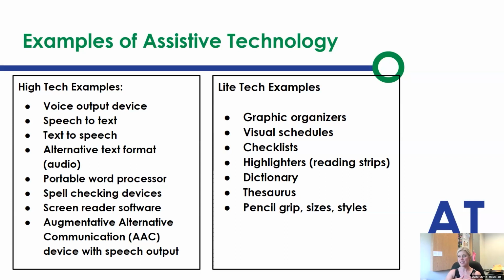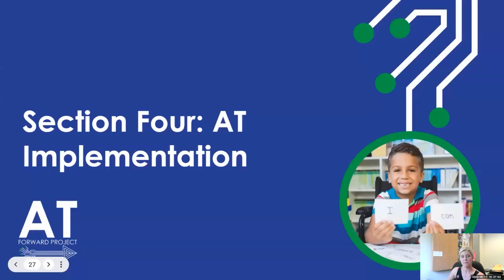And then our high tech, right? Something that has dynamic displays or voice output or text to speech, something that would be on a tablet or a computer. So we have two different ways that people can make sure they're including examples of assistive technology in that last section of the IEP, the supplementary aids and services.